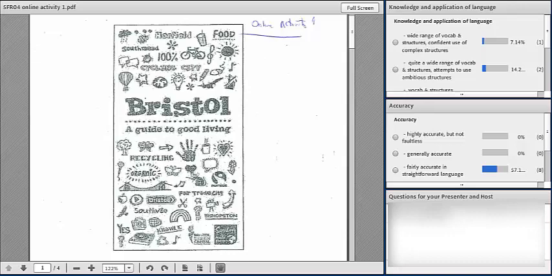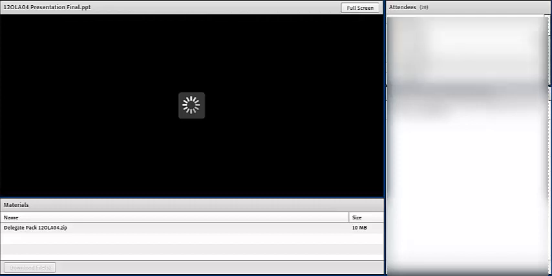Now then, just to recap, we've given this particular script 8 for communication and content, 5 for knowledge and application of language, 3 for accuracy. So that makes a total of 16. And you will know from the grade boundaries that if this candidate were to do 2 pieces of work at the same mark, that would be 32 out of 60, which is just less than a grade C. So if we can just go back to the PowerPoint, please, because I think we have a slide with the grade boundaries on it.